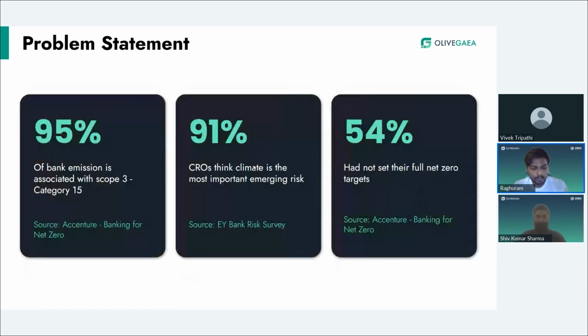Yeah. So, discussing what finance emission is and how it's relevant to today's world, we have given 3 problem statements. The first statement is that 95% of bank emissions are typically associated with finance emission, that is scope 3 category 15, investment emissions in the GHG protocol.